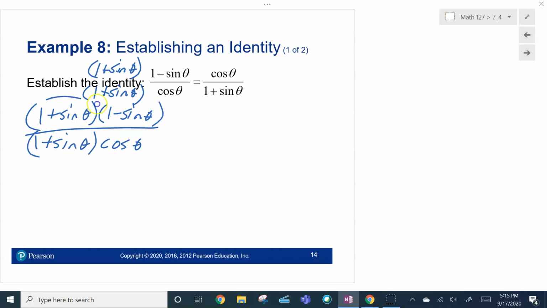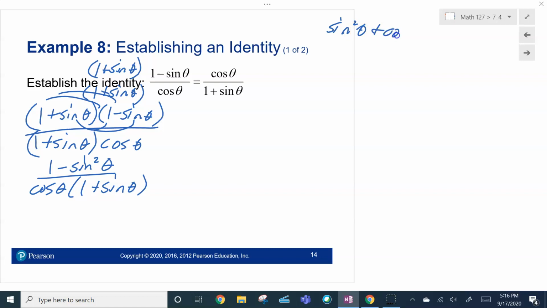And then I'm going to go ahead and FOIL this. So I got 1 minus sine plus sine, those are gone, minus sine squared. So 1 minus sine squared theta on the top. I'm going to put that cosine theta in front there. Now we know 1 minus sine squared, remember, sine squared plus cosine squared is 1.